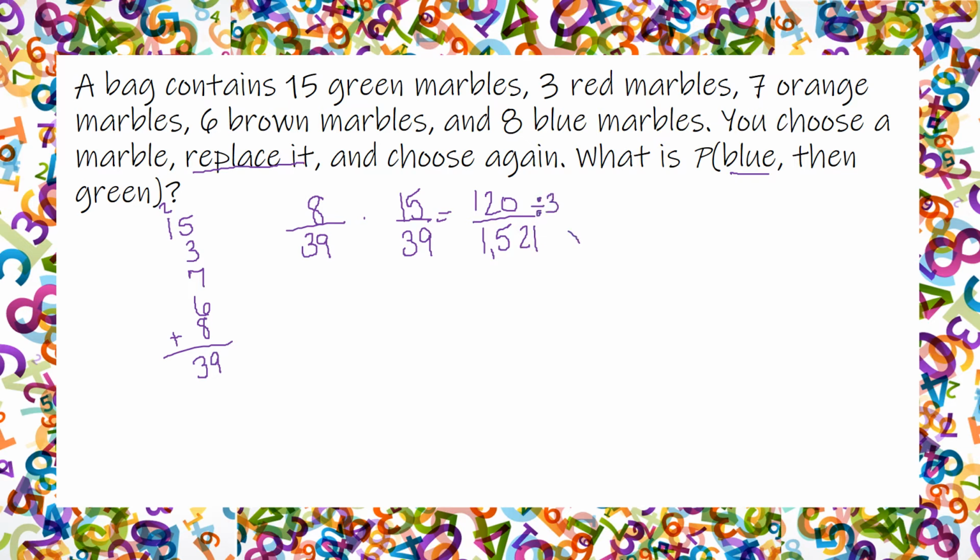So I'm going to simplify just a little. So I get 40 and 507. So the probability of getting blue and then green is 40 out of 507.